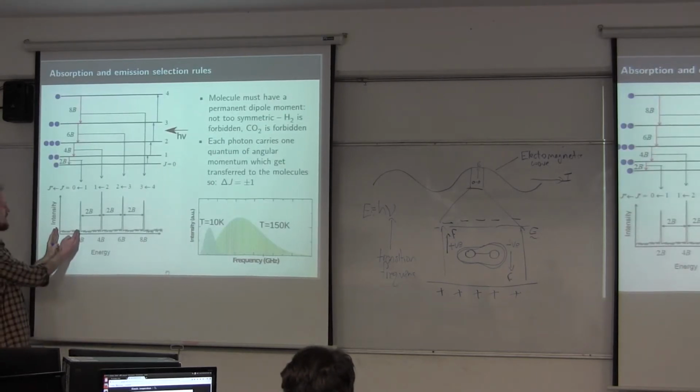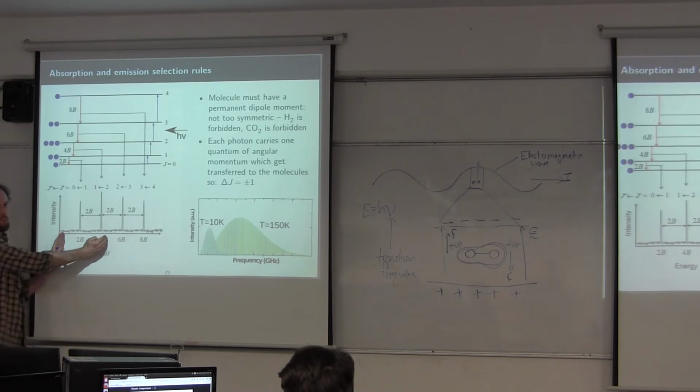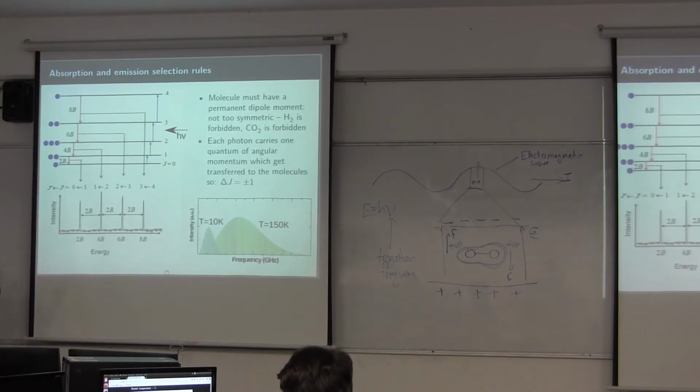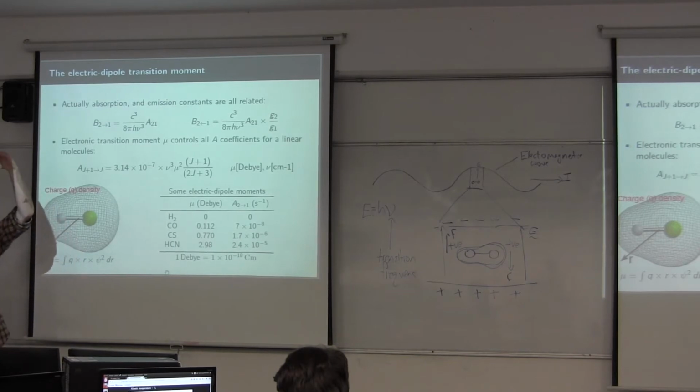So this transition has an emission constant which is proportional to nu cubed. This transition also, because it's twice as large a transition energy, it's 8 times more likely, so it has an 8 times larger emission constant, meaning that a molecule in that level, even though the only difference is that it has a greater amount of energy to lose if it falls down, is 8 times more likely to do it, which means it'll happen in 1/8 the time.